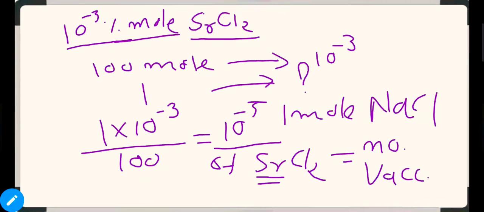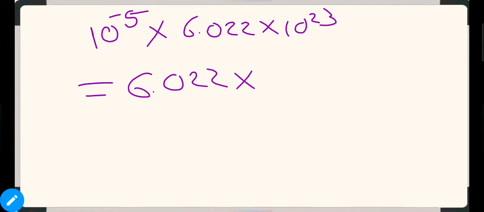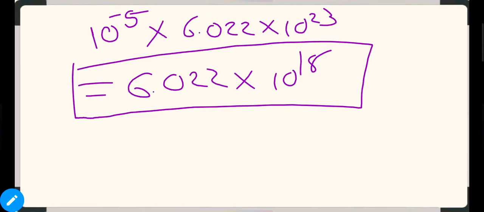So we need to find how many vacancies there will be in 10 raised to minus 5 moles. All you have to do is multiply 10 raised to minus 5 with 6.022 into 10 raised to 23, that means Avogadro number, and it is equal to 6.022 into 10 raised to 18. This will be the number of cation vacancies as well as the number of Sr2 plus inside the NaCl.